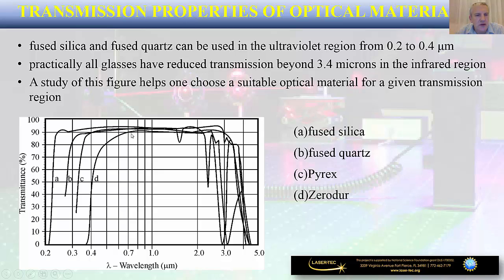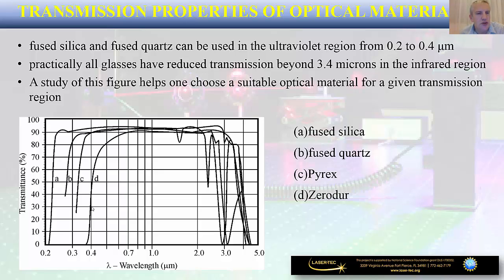As you move to wavelengths below the infrared, entering the visible spectrum, from 400 nanometers to 700 nanometers, you see that the transmittance of Zerodur significantly degrades, to the point where at the wavelength of 400 nanometers, which represents the violet color, we have a transmittance of about 30%.